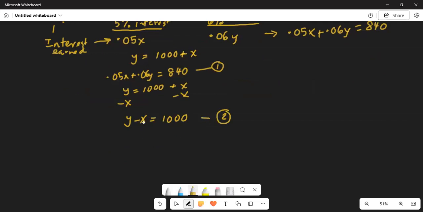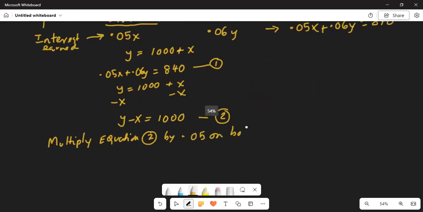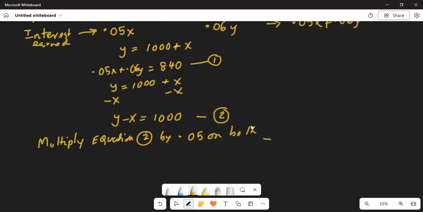Notice the coefficient of X in the second equation is negative X. So if I multiply equation 2 by the same coefficient as in equation 1 for X, which is 0.05, I multiply equation 2 by 0.05 on both sides.